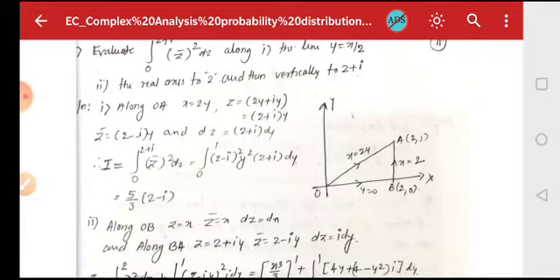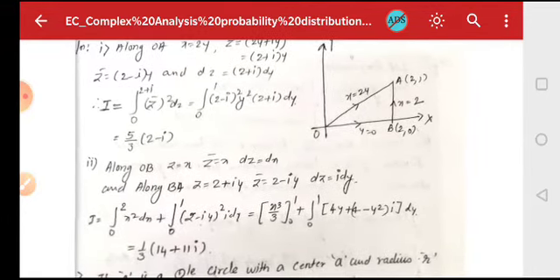The integral from 0 to 2 plus I of z bar square dz is the integral from 0 to 1 of 2 minus I the whole square into y square into 2 plus I dy, which comes around 5 by 3 into 2 minus I.